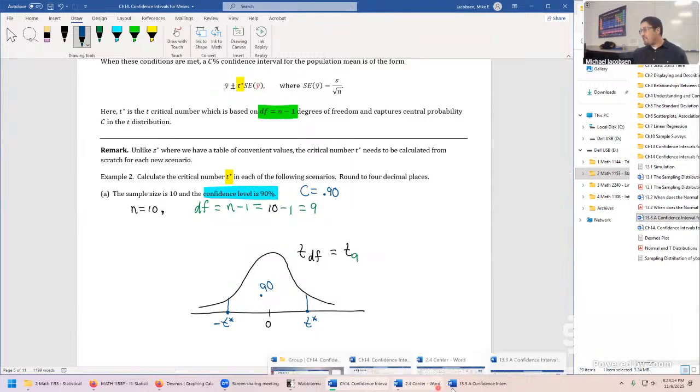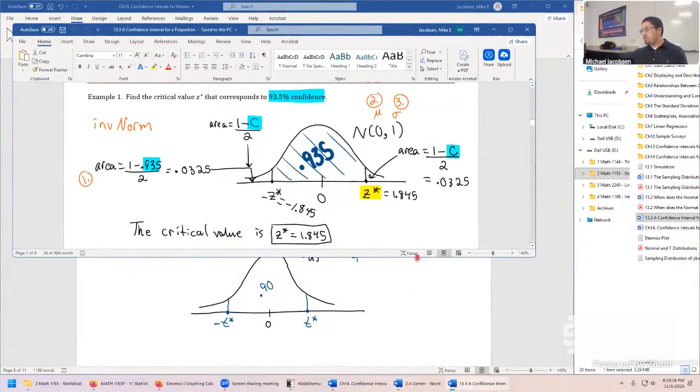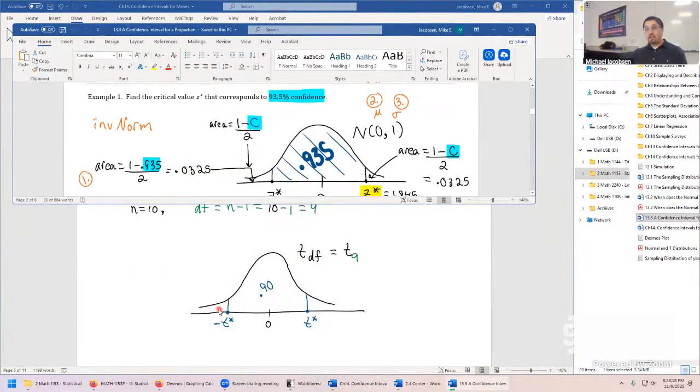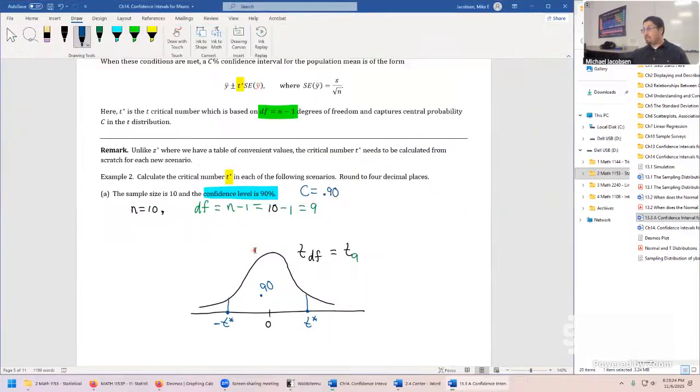Then, same exact formula as before in section 13.3. The area in the left tail and the right tail is just 1 minus the area, divided by 2. So go 1 minus c divided by 2. That's 1 minus 0.9, which is 0.10, divided by 2, which is 0.05.